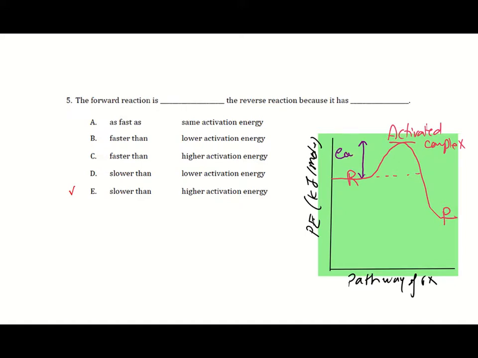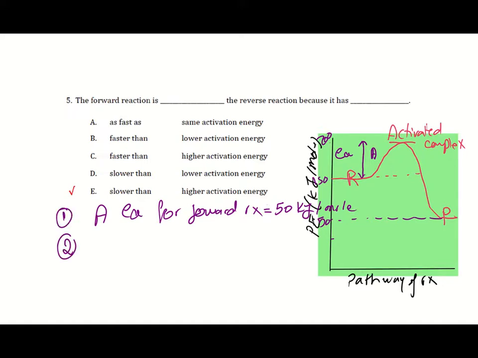We will give it the symbol A. So A is the activation energy for the forward reaction. Suppose this value here is 150 and here is 200 and here is 50 kilojoules. So the activation energy for the forward reaction equals, yes, from 100 to 150, equal 50 kilojoule per mole.